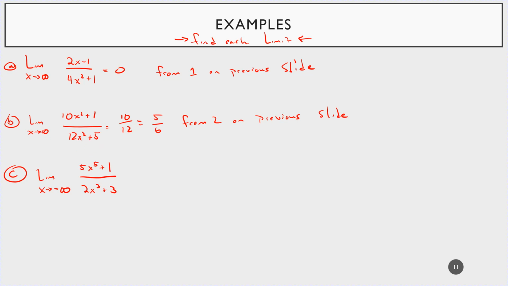But look, if you have the 5th power and you take a negative number to the 5th power, you get a negative. If you take a negative number and you cube it, you get a negative. So you get a negative divided by a negative. So you have to be careful. This is going to go to positive infinity, okay? And this is because the degree is larger in the numerator than the denominator. And this is from option number 3 on the previous slide.